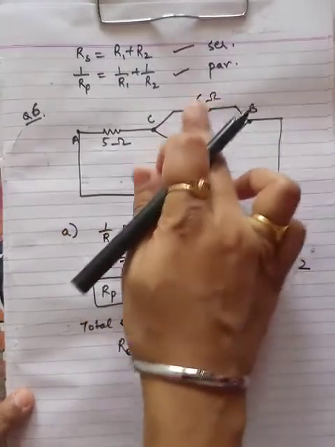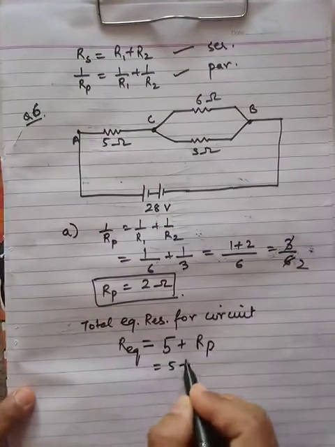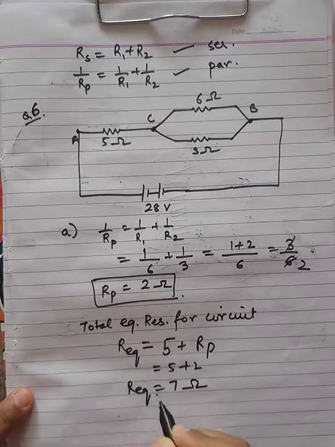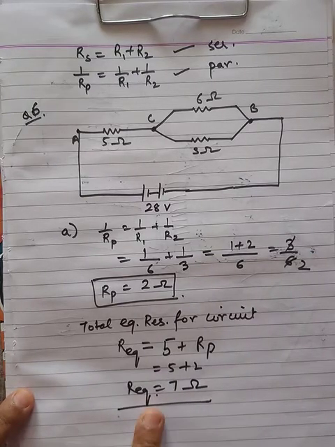So 5 plus 2 is equal to 7 ohm. So R equivalent is 7 ohm. This is not being asked in the question. I am just telling you how to calculate the total resistance in this case.